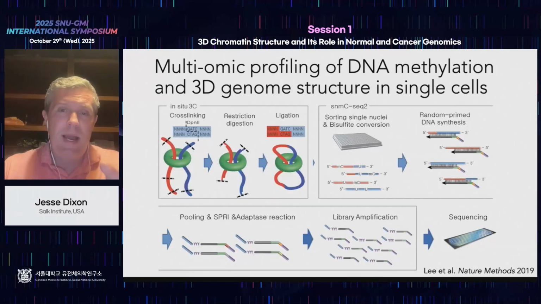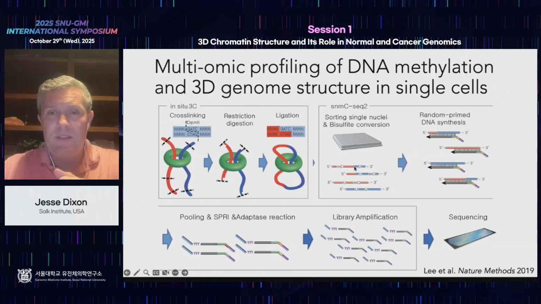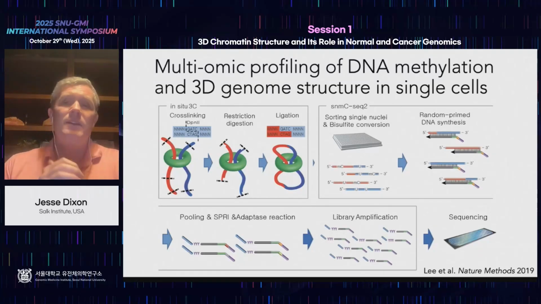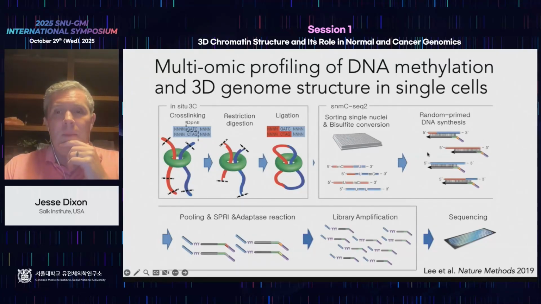This allows you to read out the methylation status of individual cytosines in the genome, distinguishing bases that were either methylated or unmethylated, because the uracil is read out as a T in sequencing. At the same time, you get chimeric reads that are derived from these ligation events between spatially proximal features. And so you can read both of these out simultaneously from the sequencing run, and we go through a single cell library prep to generate this kind of data.